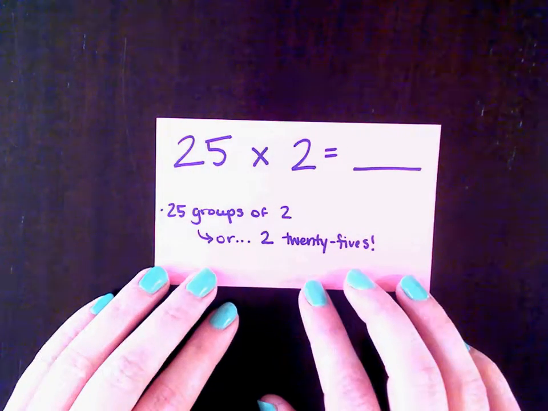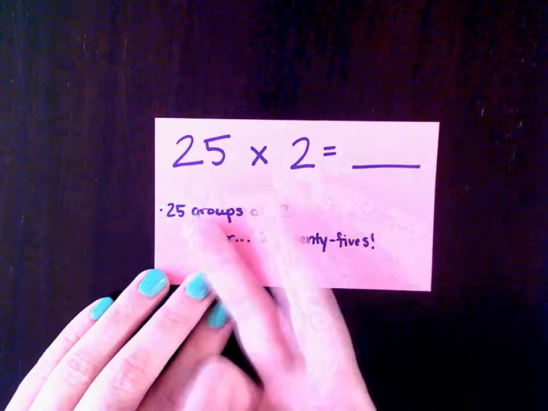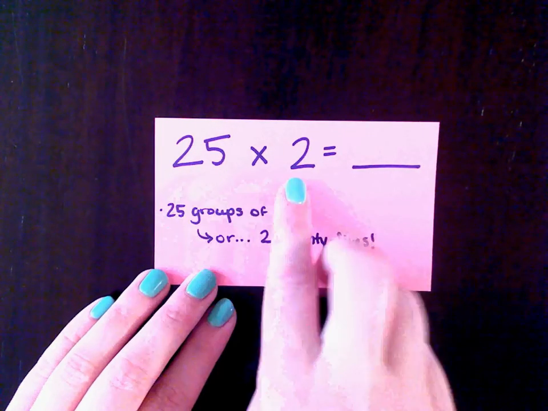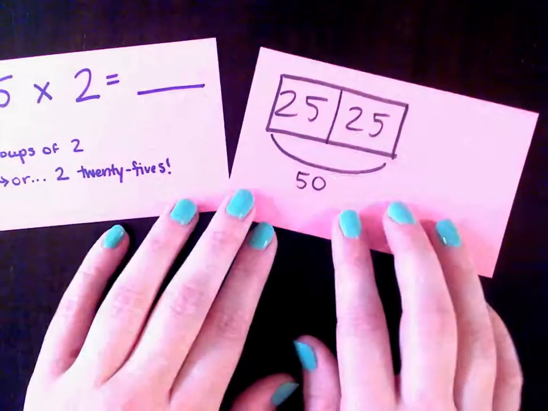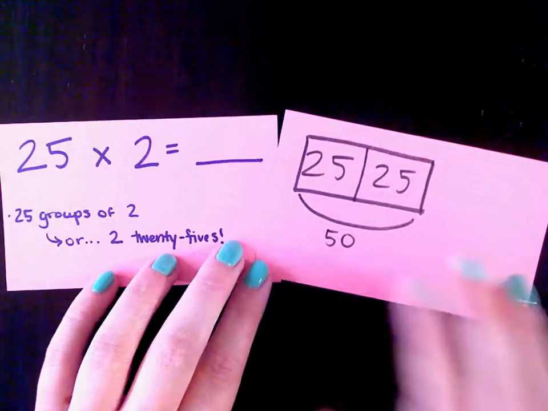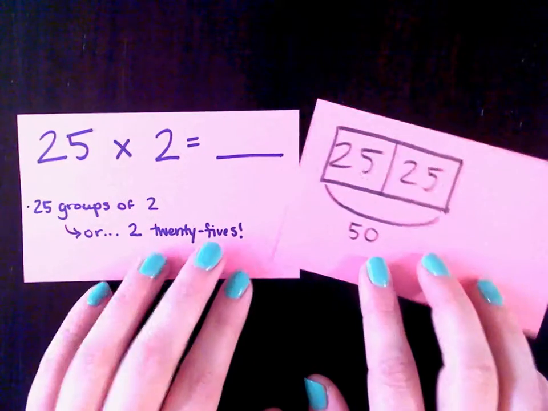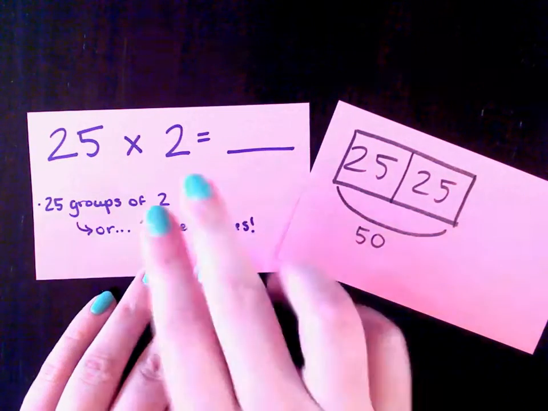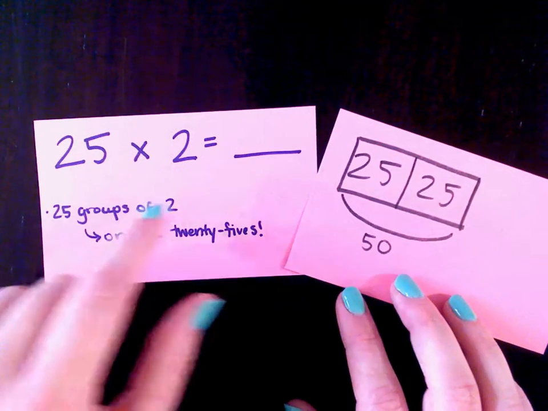But if you use the commutative property, you know you can switch the factors, and instead of 25 2's, it can be 2 25's, or 2 groups of 25, which is easy for our scholars to add in their heads or add mentally. 25 plus 25 is 50. So they would arrive at the answer much quicker if they just switched the factors, knowing that 25 times 2 would have the same product as 2 times 25.